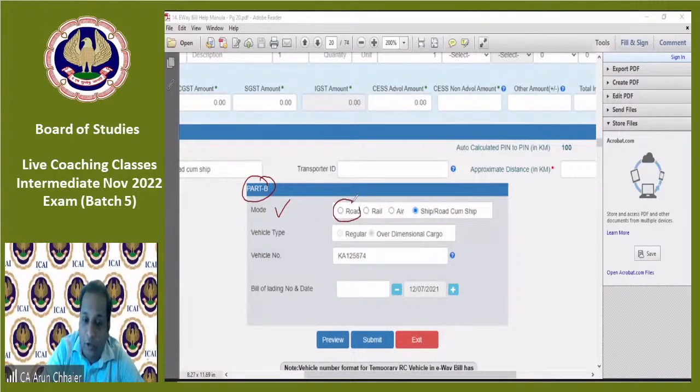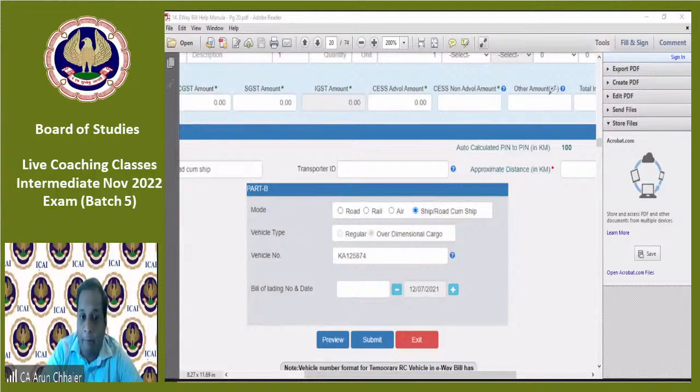By which mode are the goods moving? Is it by road, rail, air or ship? Is it a regular cargo or ODC cargo? Because ODC cargo and regular cargo have an impact on the validity period. So we will discuss what the validity period is, and then the vehicle number.